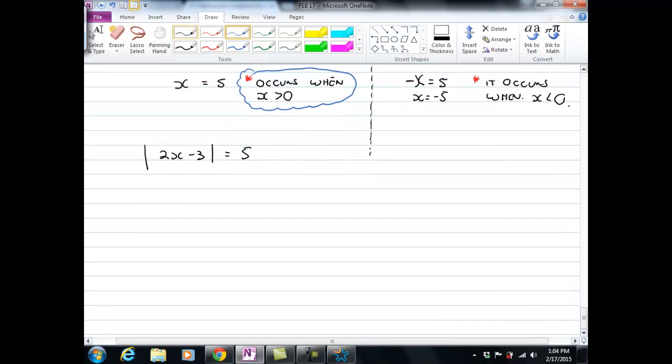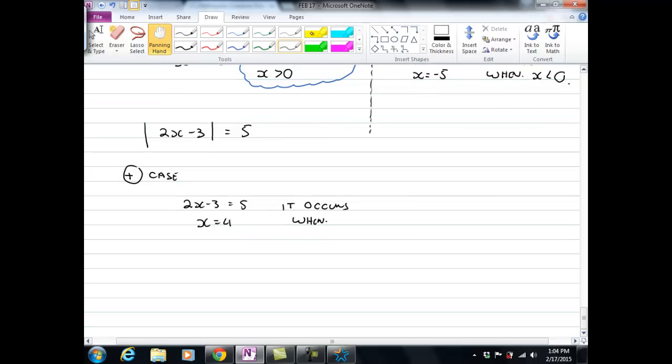I'm going to do case 1, positive case. The positive case is I leave everything the way it is. See? I go 2x minus 3 equals 5. x equals 4. But here's where you've got to be careful. You've got to write down it occurs when. Now here's a trick. Watch what I'm going to do. I'm going to highlight this whole entire thing inside the absolute value.